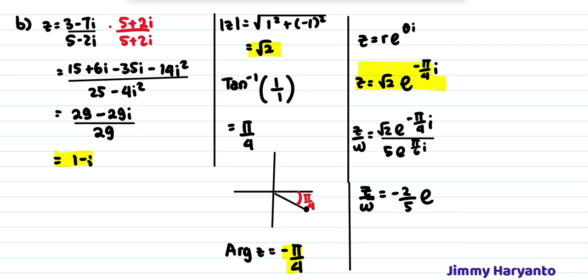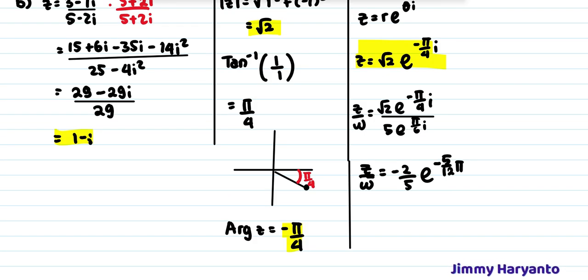Okay, so the result is negative 5 over 12 pi. Because it's still within negative pi to pi, this one is acceptable. If after you operate it you suddenly get less than negative pi or more than pi, that means you have to add or subtract 2 pi so the condition will be fulfilled. So be careful with the argument.